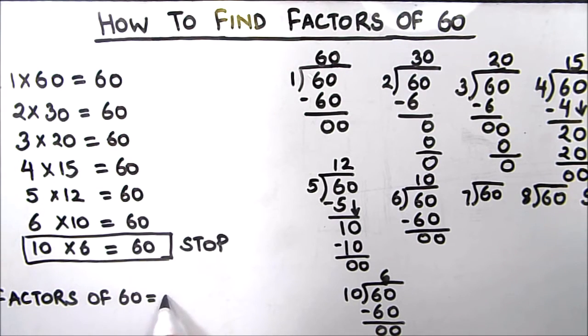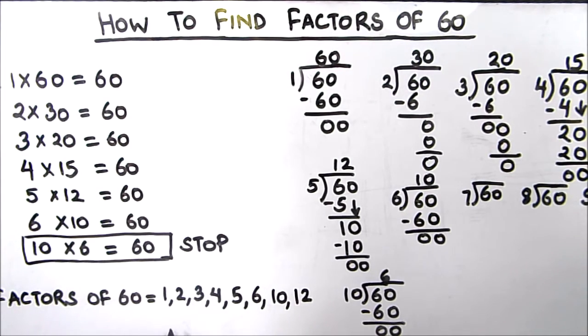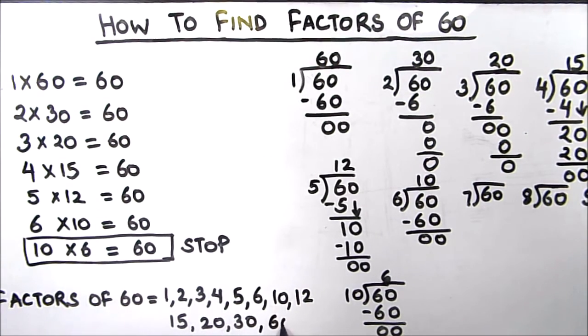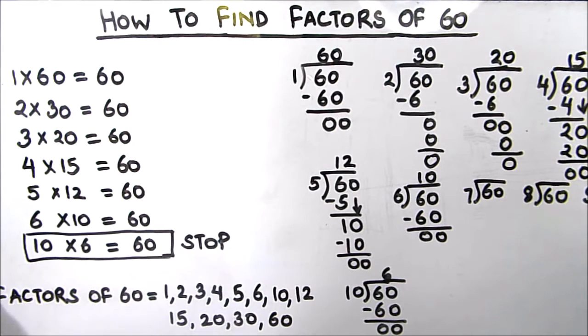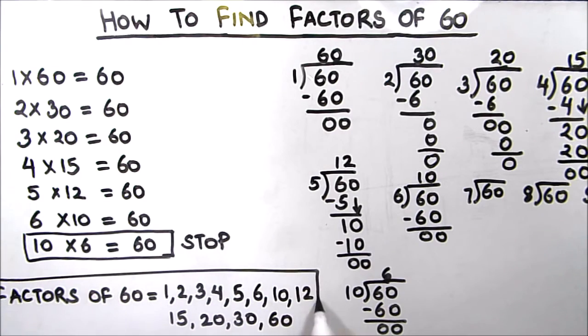So factors are 1, 2, 3, 4, 5, 6, 10, 12, 15, 20, 30 and 60. These are all the factors of 60. We got all the factors of 60.